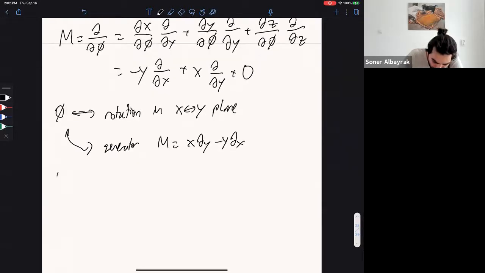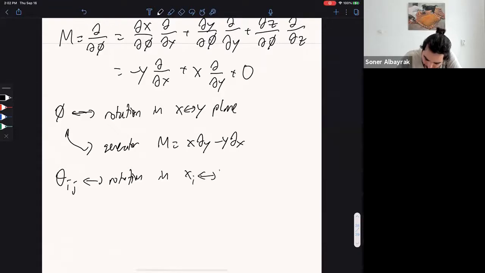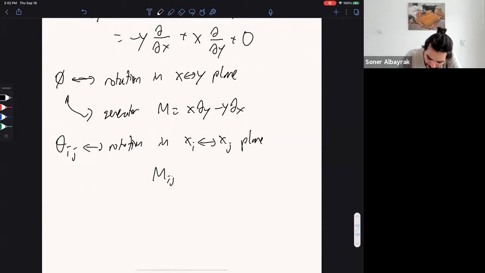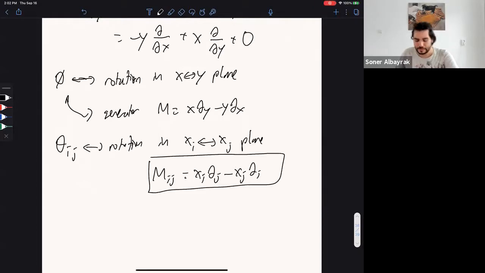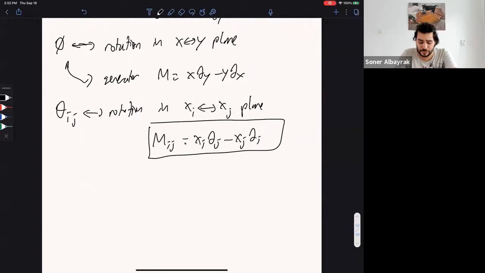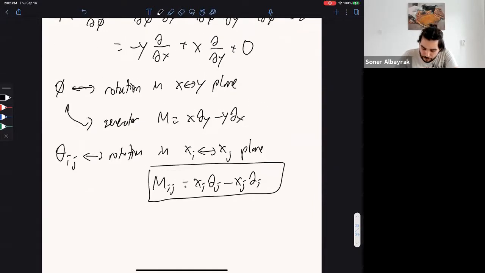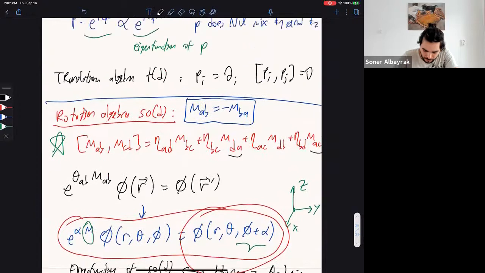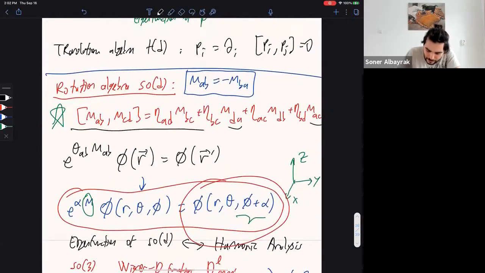So if we consider an arbitrary theta ij as rotation in the xi xj plane, then the corresponding generator Mij would be xi del j minus xj del i. So these are the differential representations of the generator. And indeed, you can check that if you insert them back, back here, you can see that they are satisfied.